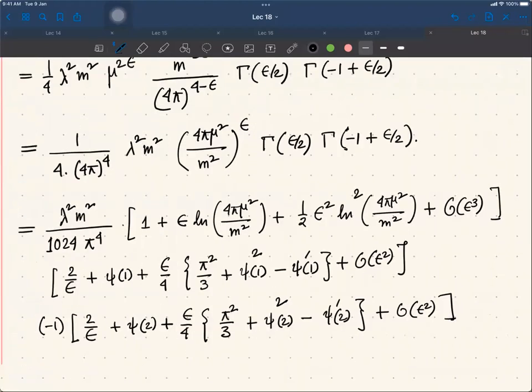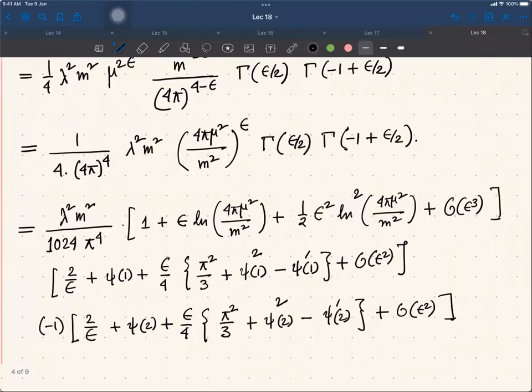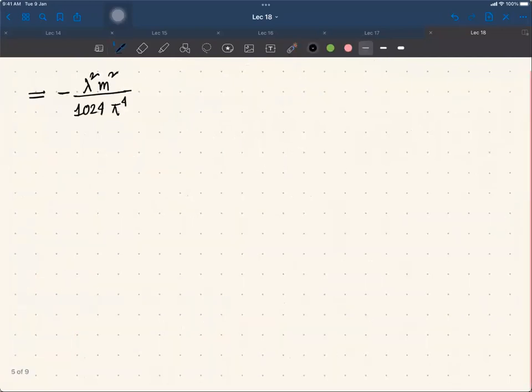So minus lambda square m square over 1024 pi to the power 4. Then what is the epsilon to the power minus 2 term? That is 1 multiplied by these 2. So that is 4 by epsilon square.